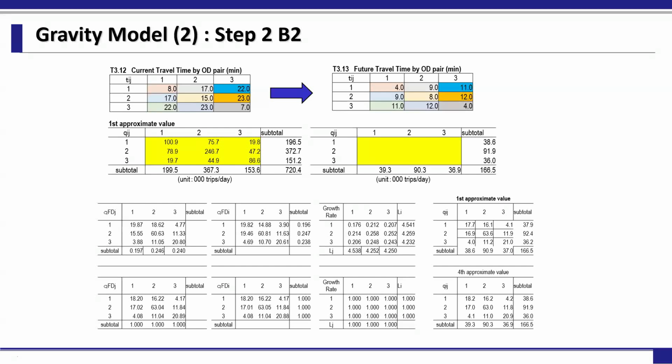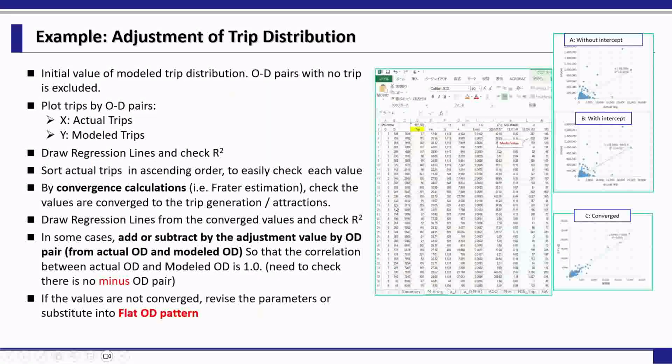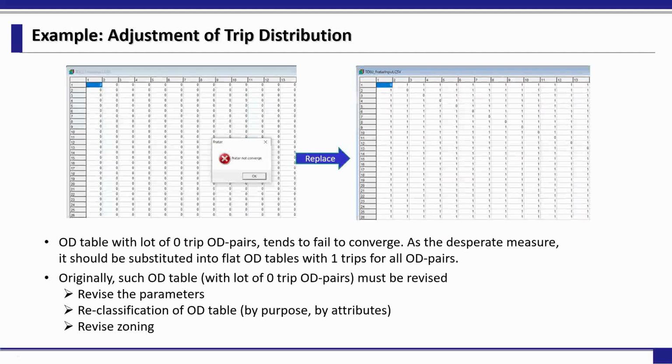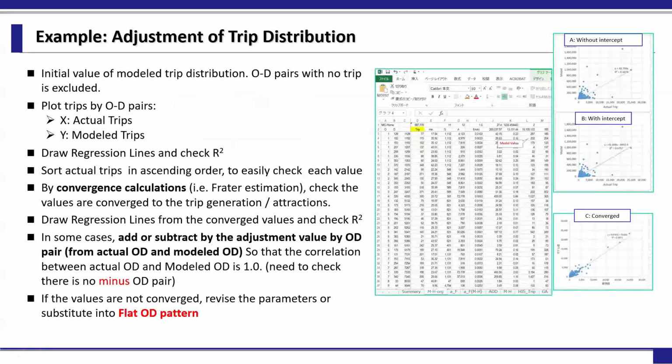So anyway, according to your conclusions or the policy you want to validate, you need to update the travel mode choice model. This part also has very detailed descriptions about how to adjust the trip distribution models when you can't reach good conclusions.